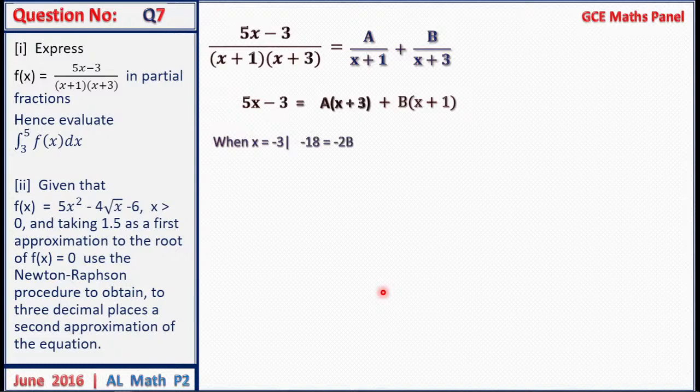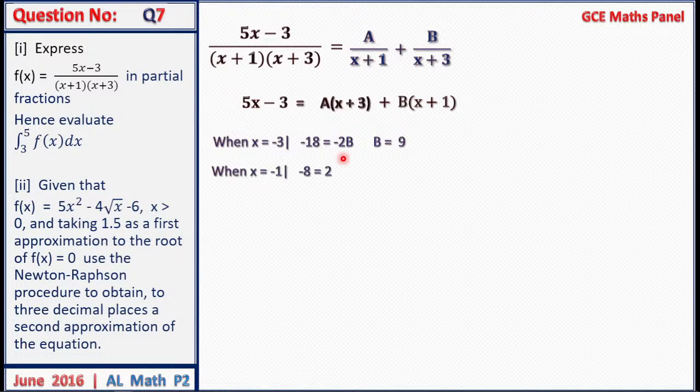Now when x is equal to minus 3, this term will disappear or cancel out, and we will be left with, when you fit in minus 3, 5 times minus 3 is minus 15, minus 3 is minus 18, equal to minus 3 plus 1 which is minus 2 times b, minus 2b, and therefore our b will be equal to 9.